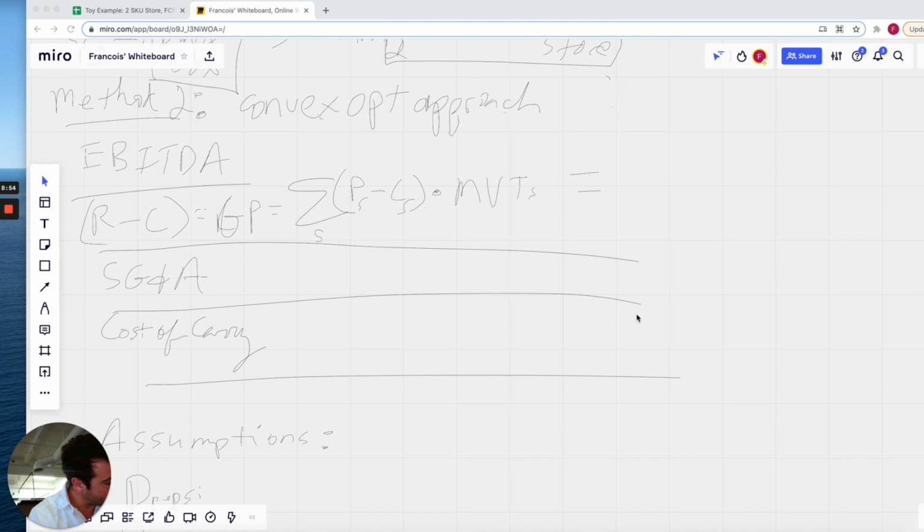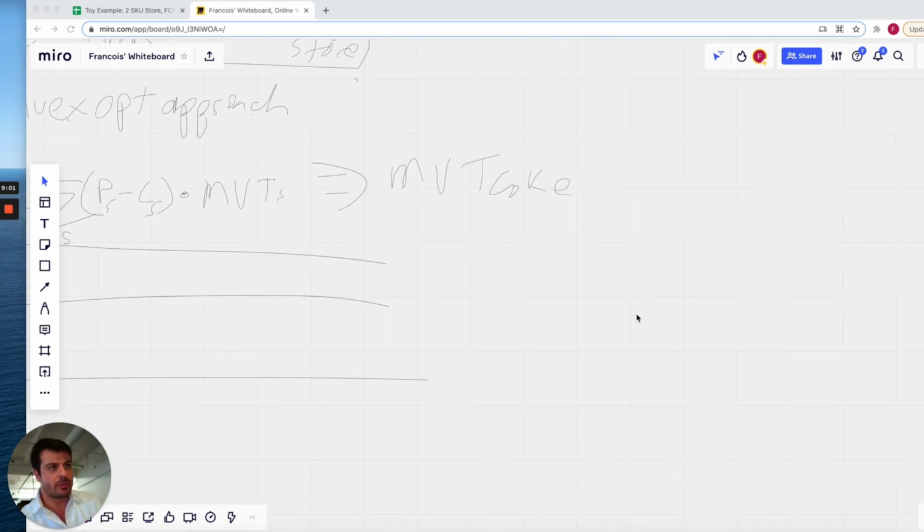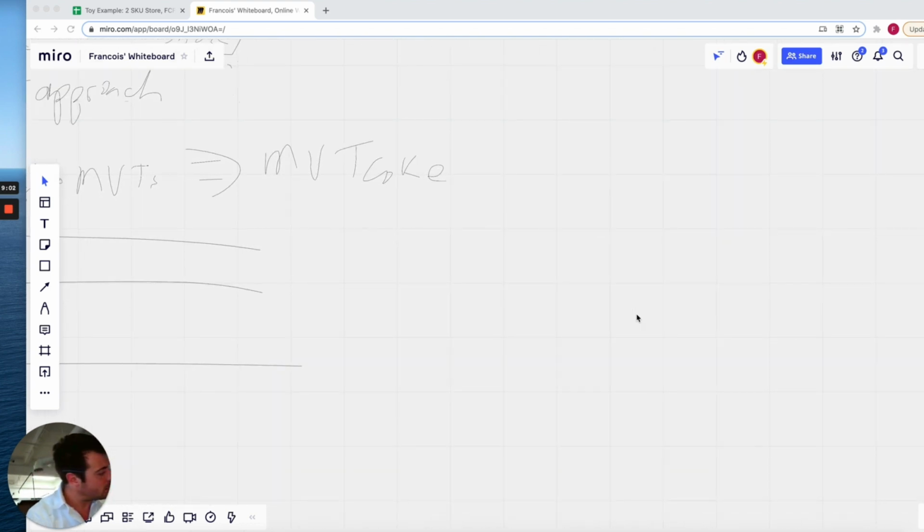So the movement of Coke should equal, let's make sure I get this math right here, the minimum of my shelf capacity for Coke and the demand for Coke.